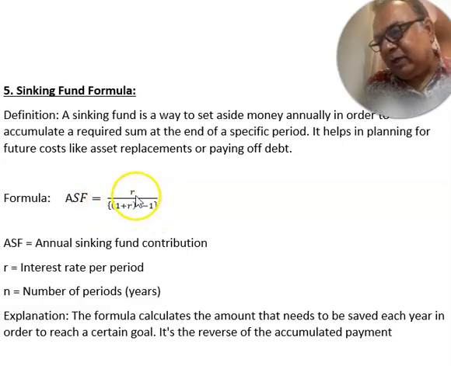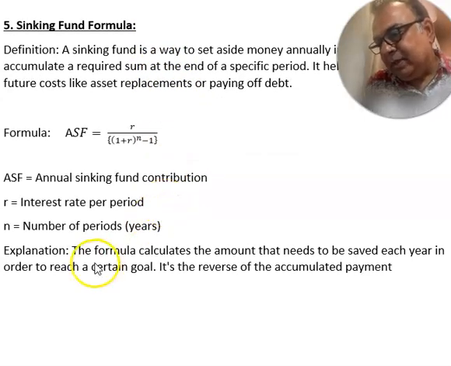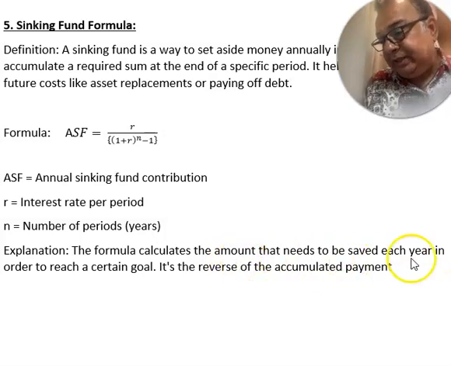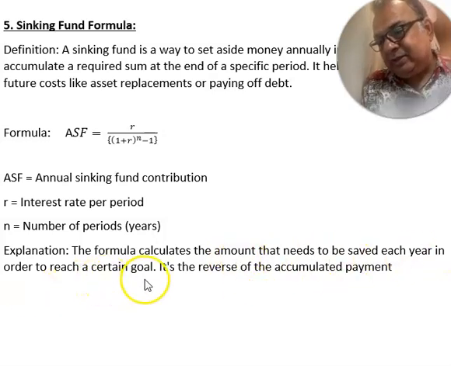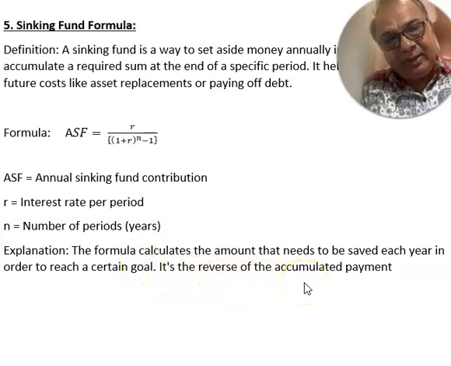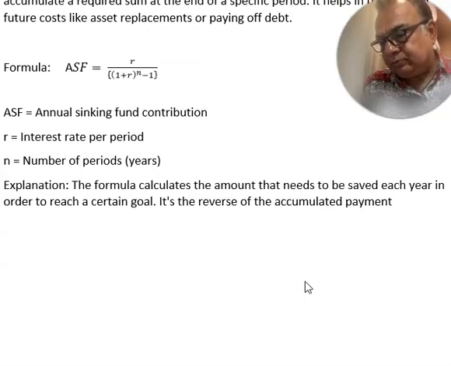Sinking fund formula: R divided by, inside the bracket, one more bracket, 1 plus R, bracket power n, minus 1, close the bracket. This is the sinking fund formula. This formula calculates the amount that needs to be saved each year in order to reach a certain goal. It is the reverse of the accumulated annuity formula.